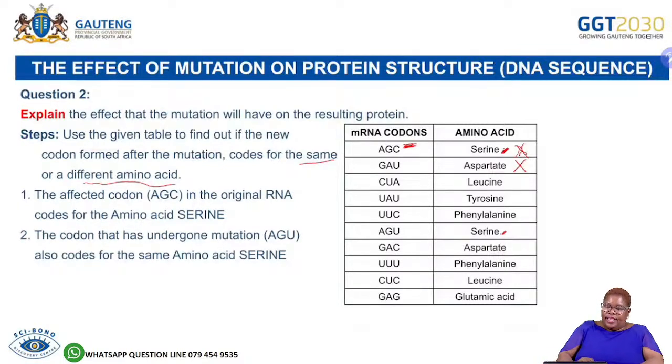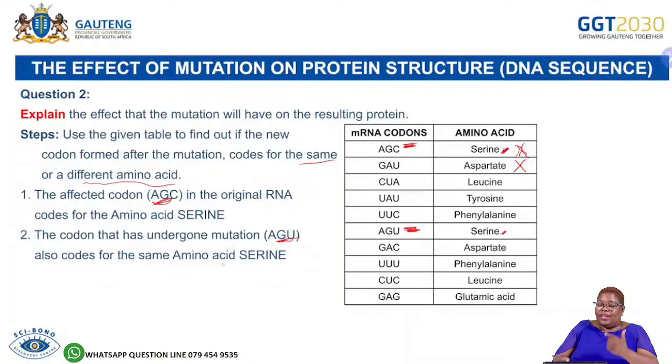Then the codon that has undergone mutation, which is AGU, you go to the table and look for AGU. Remember, we looked for AGC, and AGC is serine as amino acid. And the codon that underwent mutation, AGU, where is AGU? You go to your mRNA codons, you identify that codon, AGU, this is AGU, right? It also codes for the same amino acid, that is serine. I hope this makes sense.